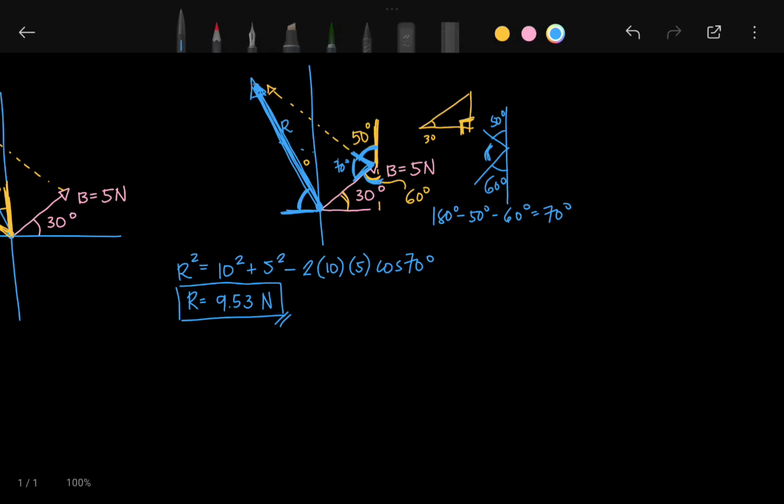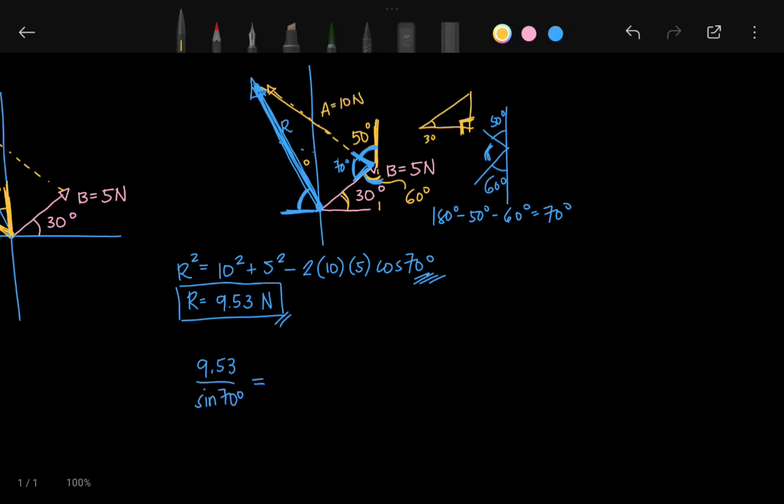Okay. We can now use sine law. Sine law states that the numerator is one of the sides. So, let's use 9.53, the resultant, over sine of the angle across it, which was 70 degrees, what we analyzed earlier. Equals. What's going to happen is we have to choose either vector B, the pink, or vector A, the orange. Let me put here 10 newtons.